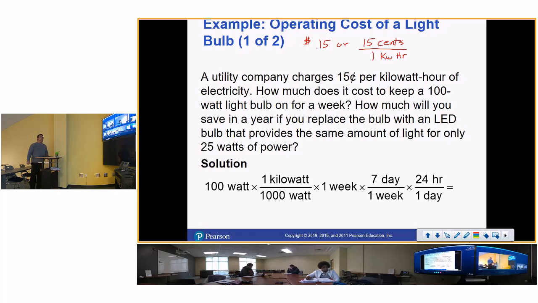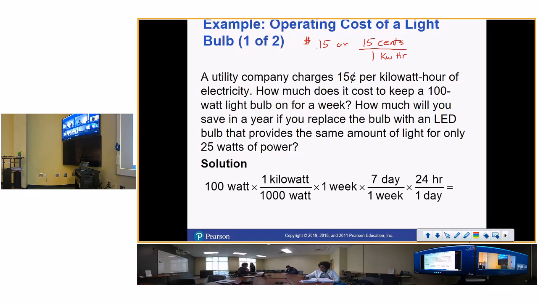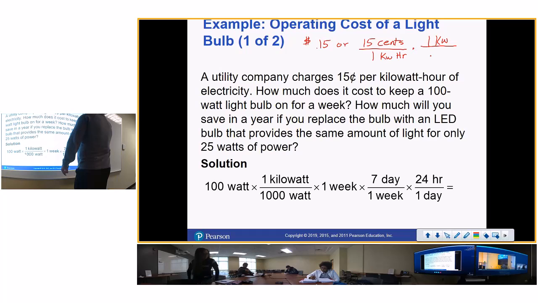Okay, write that down. 1 kilowatt means 1,000 what? Watts. So I'm going to put 1 kilowatt equals 1,000 watts. What cancels? Oops.